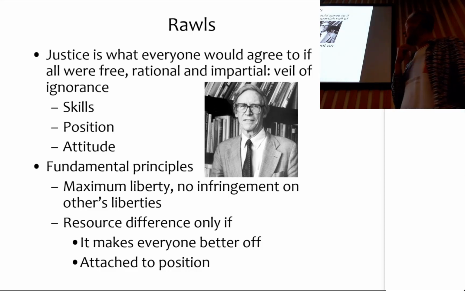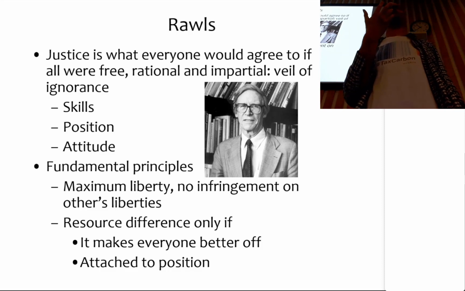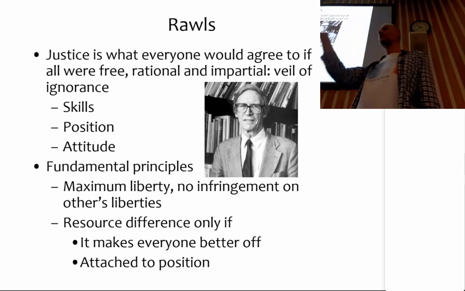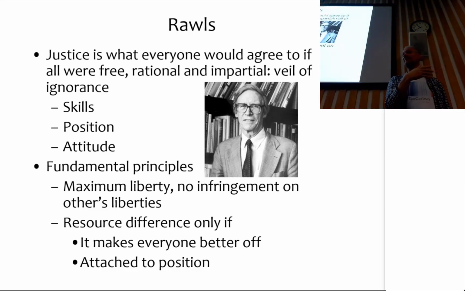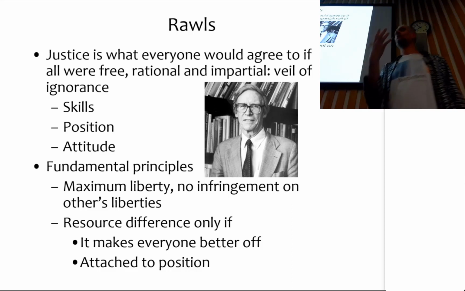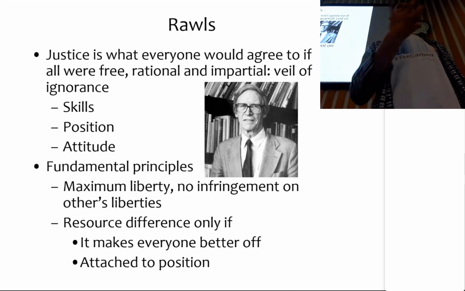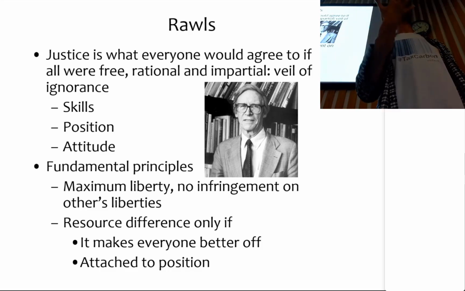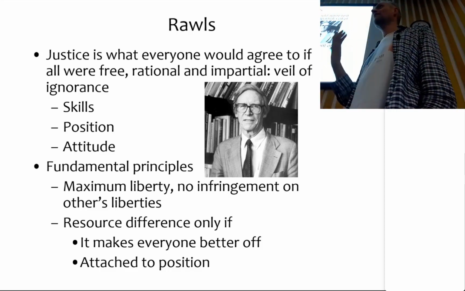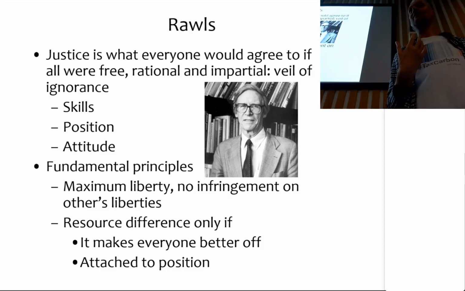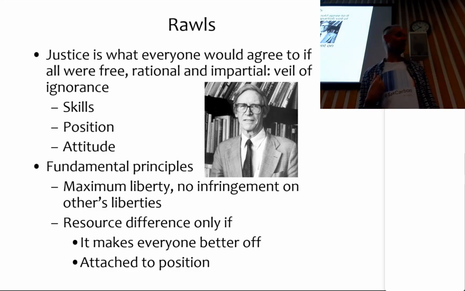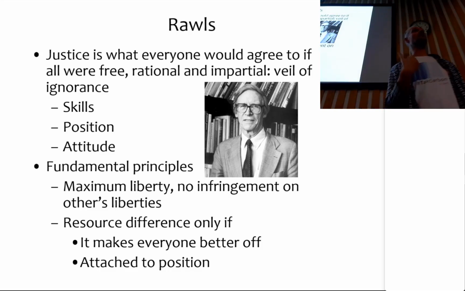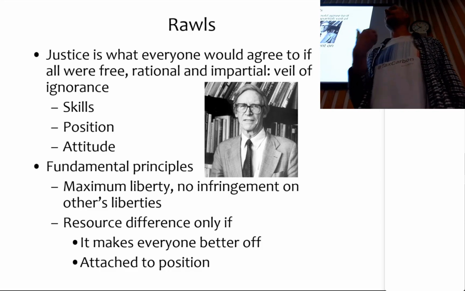And in the seminar we talked about the veil of ignorance, that if we take you away from society, we let you guys decide on what would be a just society. The best way to do that would be if you do not know what position you would hold in such a society. And Rawls called it the veil of ignorance. And he argued, one thing we talked about last week, that then two things will follow.